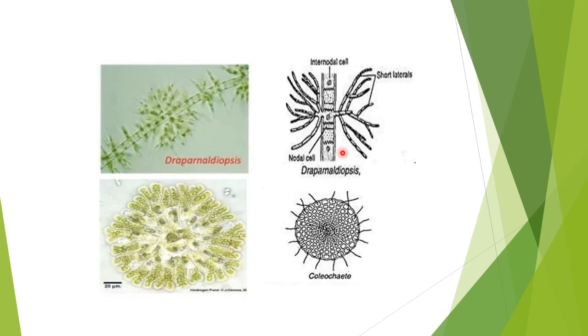This is how it appears. In this case, there is no prostrate system but only an erect system. In this case, there is no erect system, it is only a prostrate system. Here it is the elimination of the prostrate system, and here the elimination of the erect system. It is all the prostrate system which appears in the case of Coleochaete.